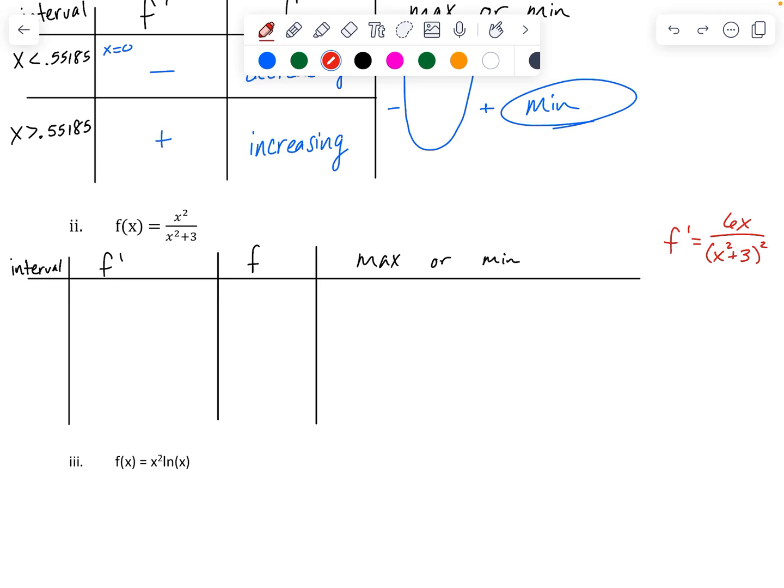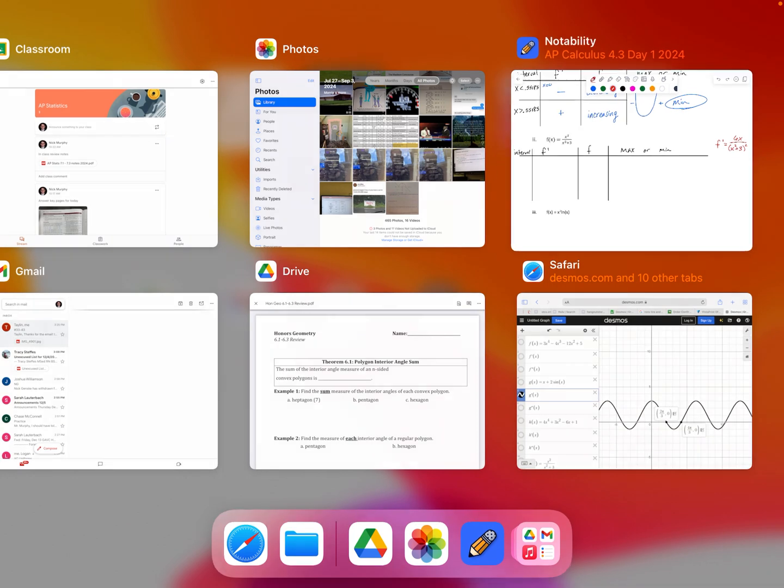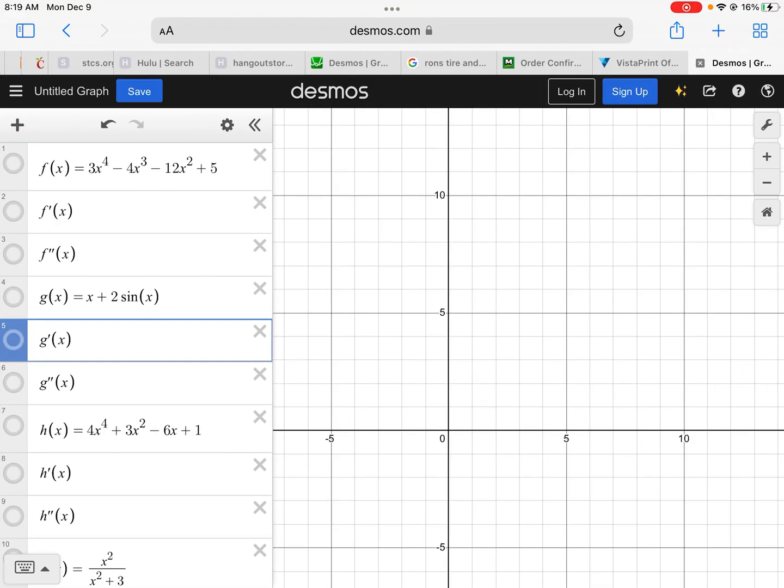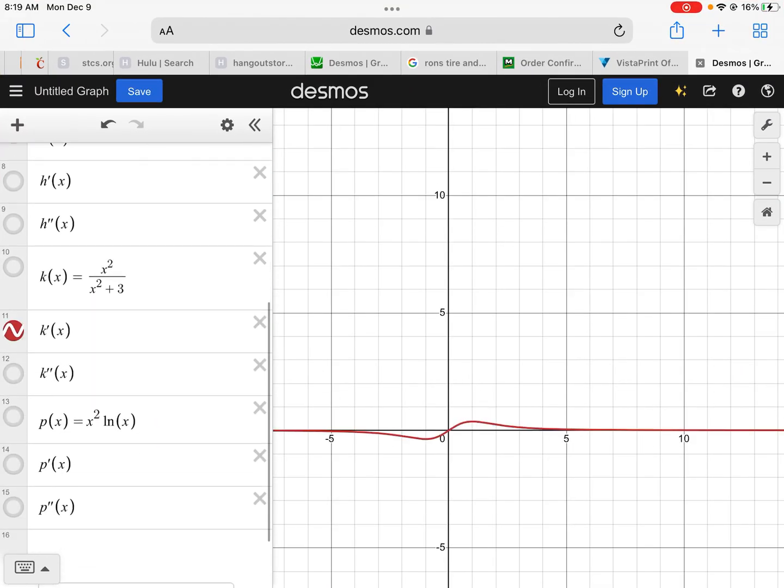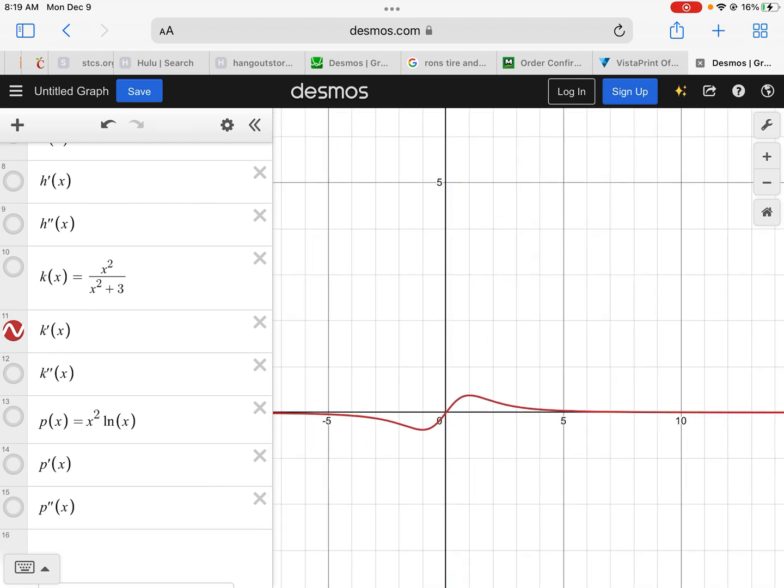So let's see, if I got 6x over x squared plus 3 squared equals 0, then I could either solve it or use my calculator, or I can cheat a little bit here.